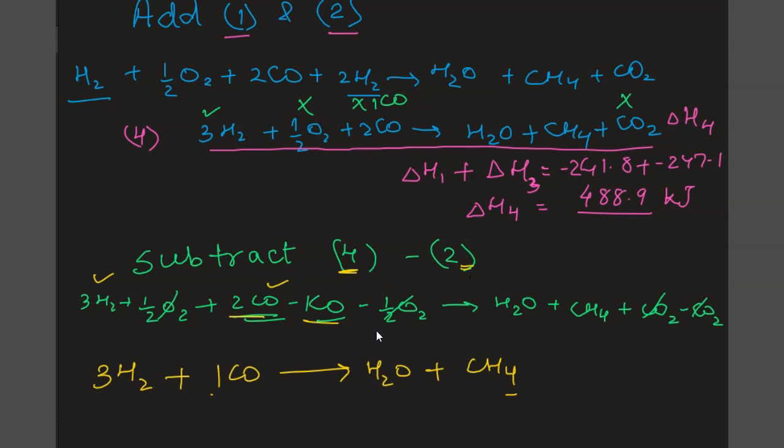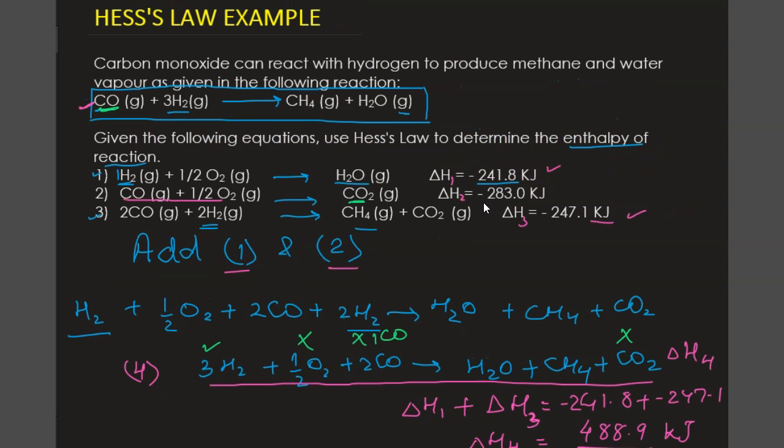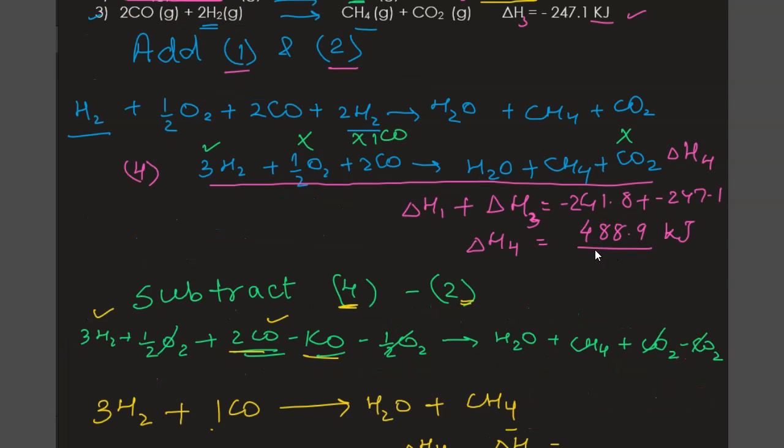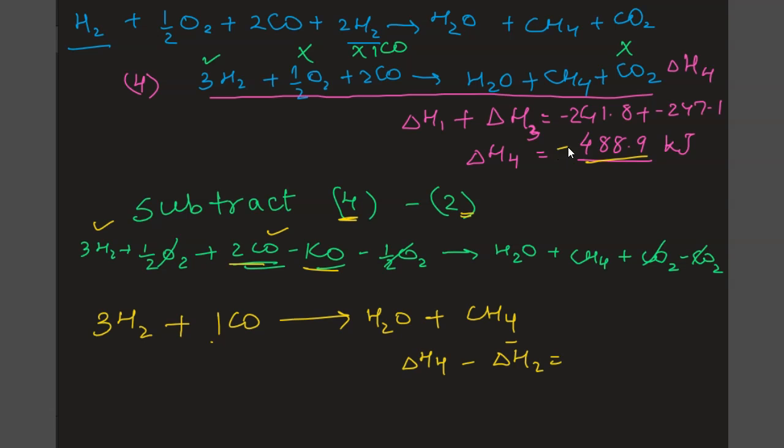Whatever happens to the reaction, the same thing happens to their delta H's. So all we're going to be doing is delta H4 minus delta H2. My delta H2 is negative 283 and my delta H4 is negative 488.9. This is a negative because this was a negative sign there. I forgot to put it there, so make sure you remember that.